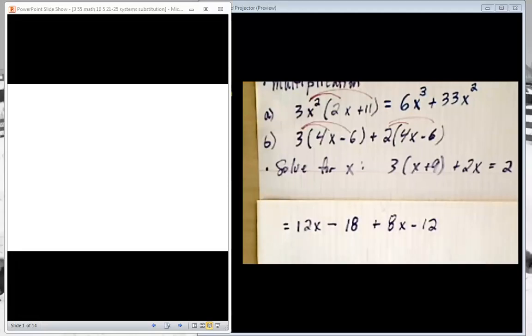Now, the official words for what comes next. Collect X with X, like 12x. Collect like terms, right? So the X's will combine together and the numbers will too. So what do we get for the X's? 20x. 20 indeed.